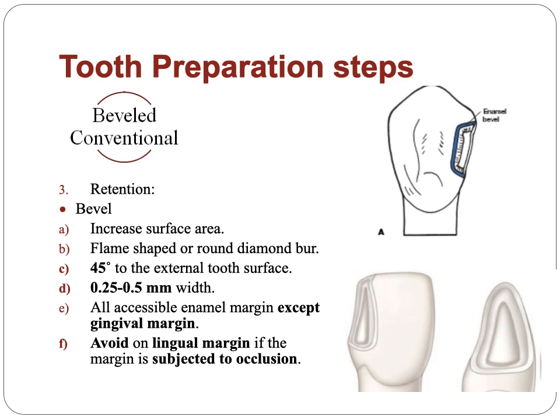This is very important because the gingival area is very thin. The enamel at the gingival area is thinner than enamel on the incisal area, so to prevent accidental removal of enamel there, it's better not to place a bevel on those areas. Also, we should avoid enamel bevel on the lingual surface if the margin is subject to occlusion.